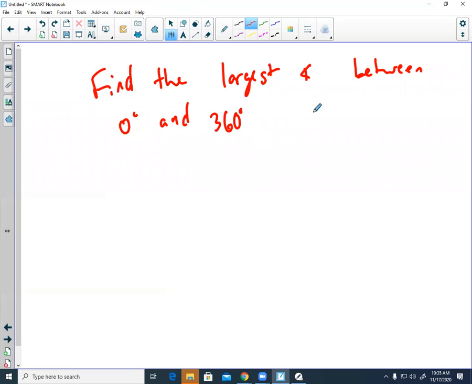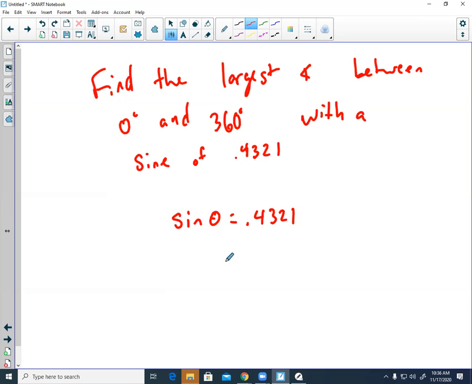This just means on the unit circle, one rotation. Find the largest angle within one rotation with a sine of 0.4321. So this is saying we have an unknown angle, and that unknown angle has a sine value of 0.4321. So the sine of some angle equals 0.4321.